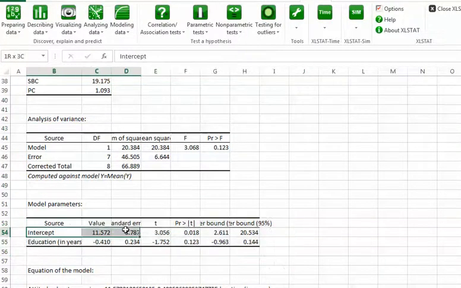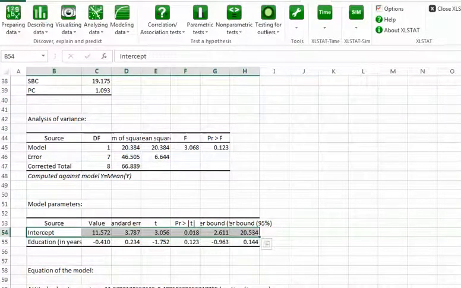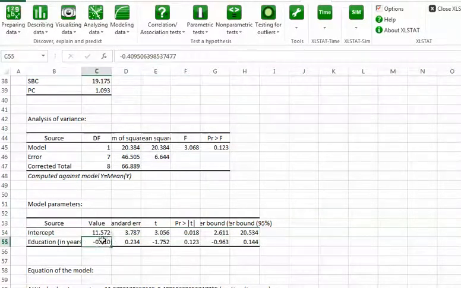We have an intercept. All this intercept tells us is where we would cross the y-axis if all the other variables were held at 0. And then our education variable. Because the probability is greater than 0.05, it's not significant, but let's just talk about the interpretation.